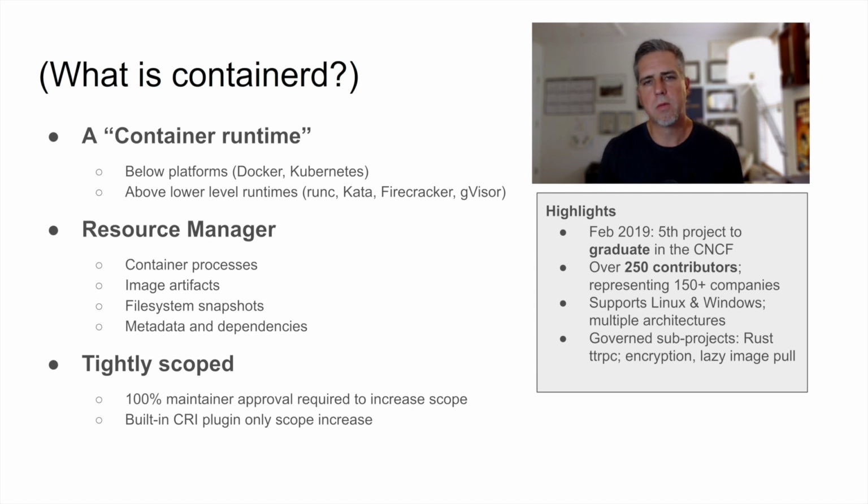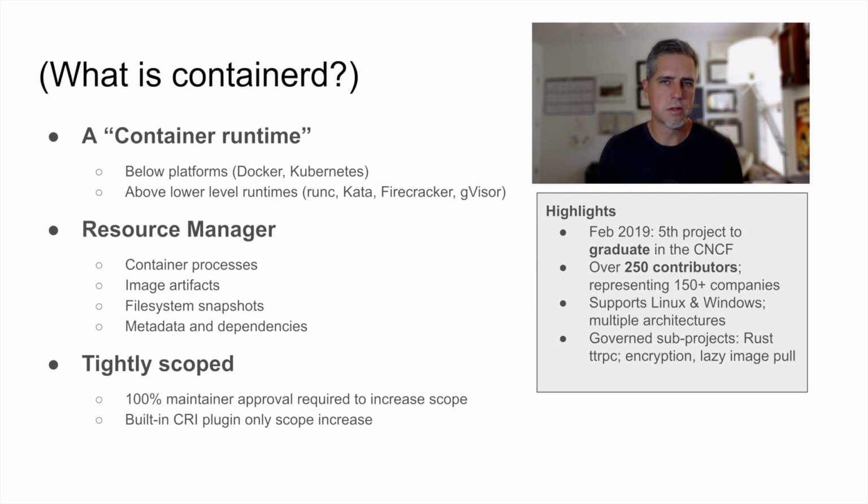And again, we deal with the artifacts you're going to need to even start a container. So talking to a registry, pulling the manifest, getting the config and the layers, unpacking that into file system snapshots. So Containerd supports several file systems, Btrfs, overlay, devmapper. And so Containerd is that resource manager of you've pulled an image and now you need to turn it into a file system snapshot that can be used by the driver you're using.